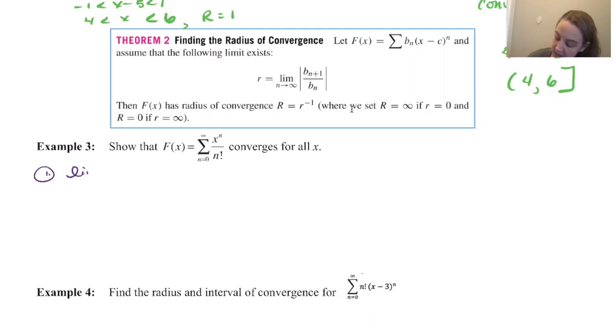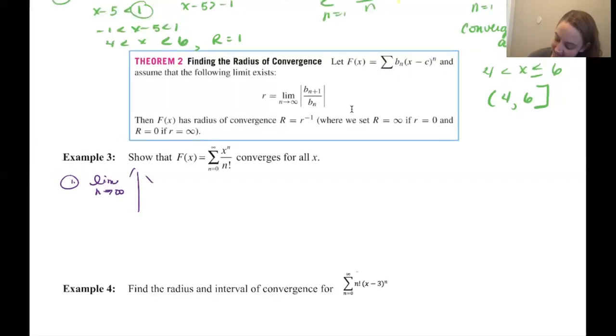So we'll say the limit as n approaches infinity of the series n equals 0 to infinity. Don't put the series there. x to the n plus 1 over n plus 1 factorial over x to the n over n factorial.